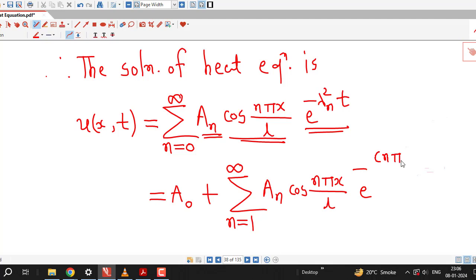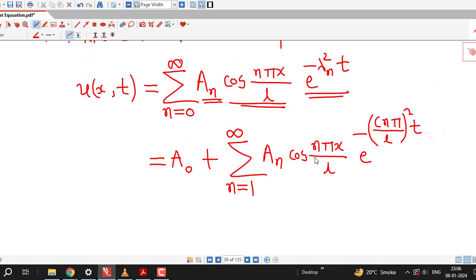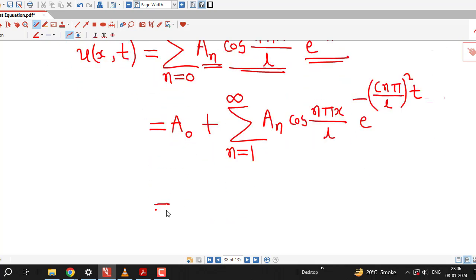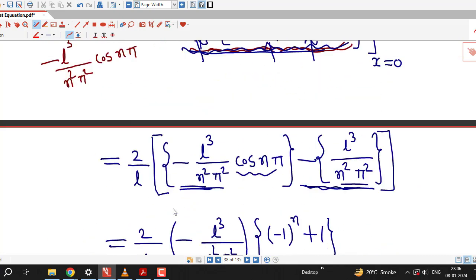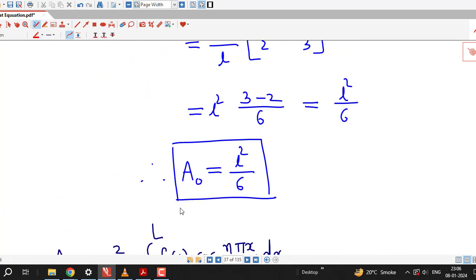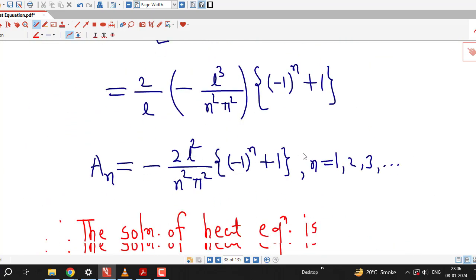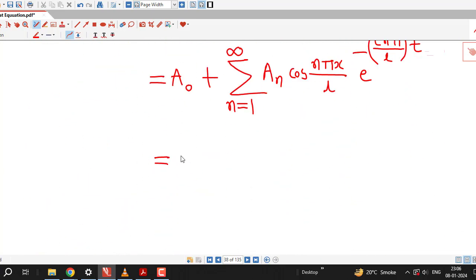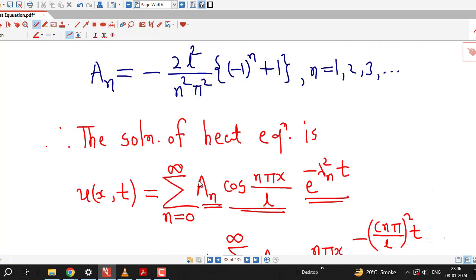I am writing now, it is c n pi over L whole square multiplied with t. Now what is a0? A0 we have calculated, so that we substitute here. A0 was L square divided by 6. So I am writing a0 here, L square divided by 6.